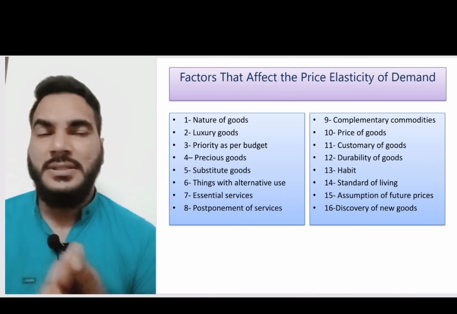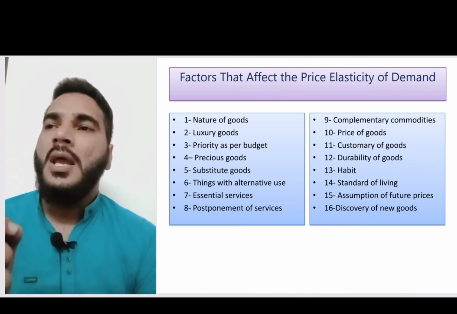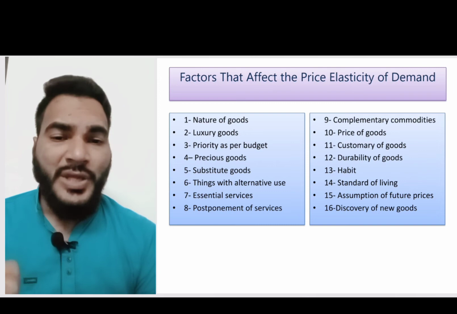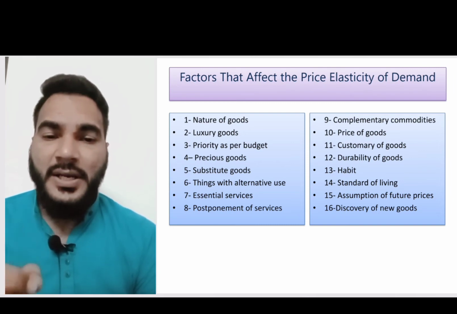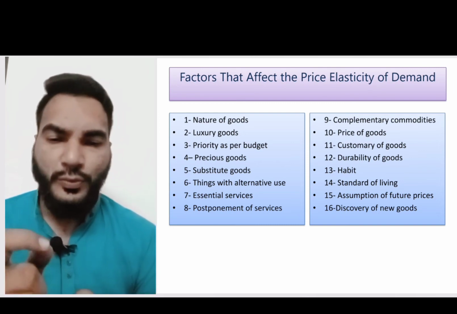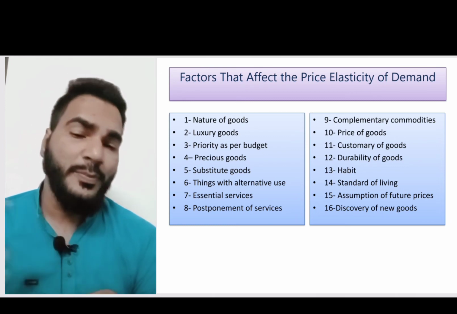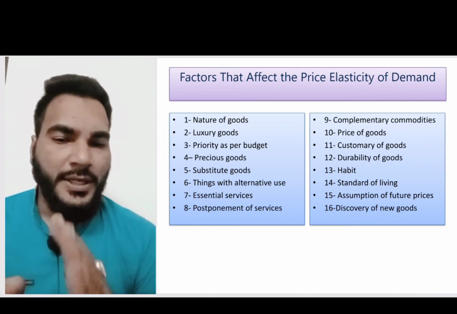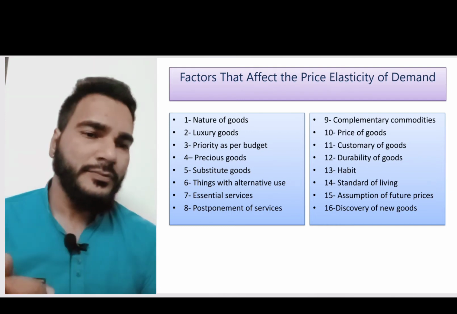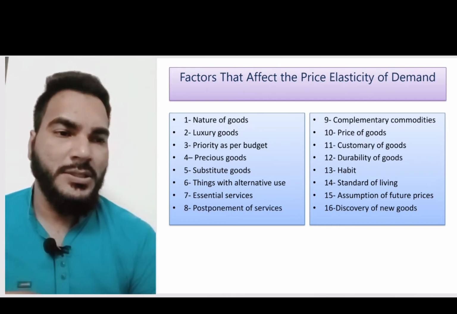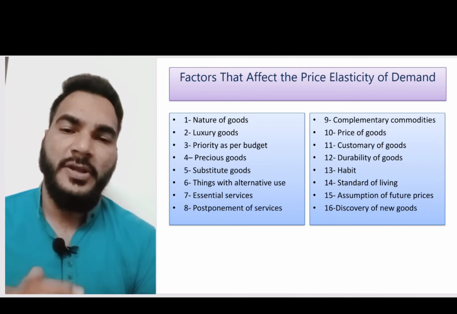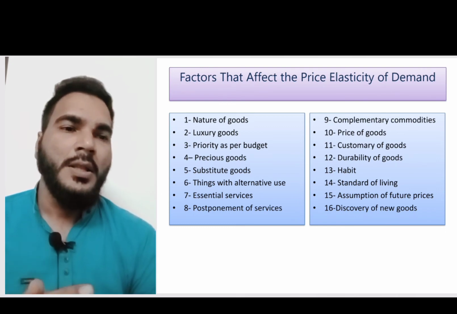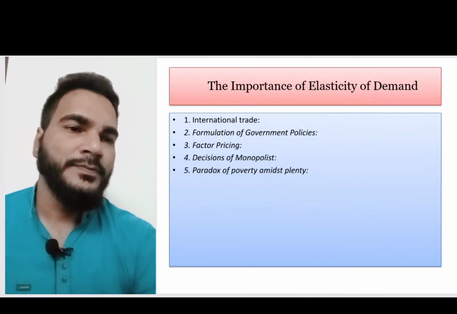Another example: in the past we had a vehicle which you start by kicking, but now we have self start vehicles. Most people prefer self start vehicles. That is because of technology, because of discovery. So these are the 16 main factors which can affect price elasticity of demand. Let's move on to the next slide.